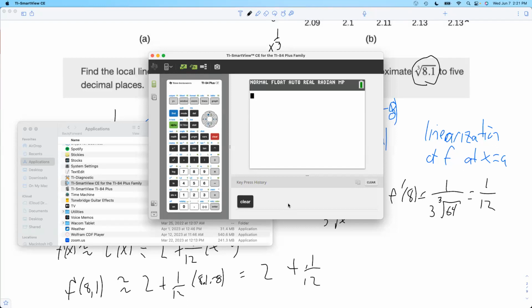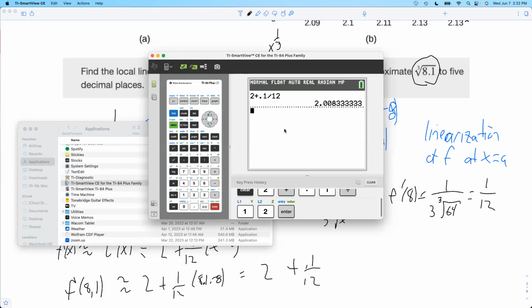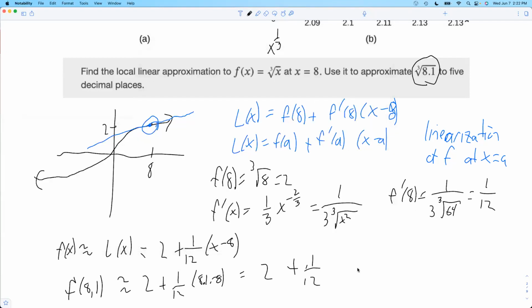Okay, so our approximation here will be 2 plus 0.1 over 12. 2 point, and they said 5 places. So 2.00833. Okay, that's my approximation.